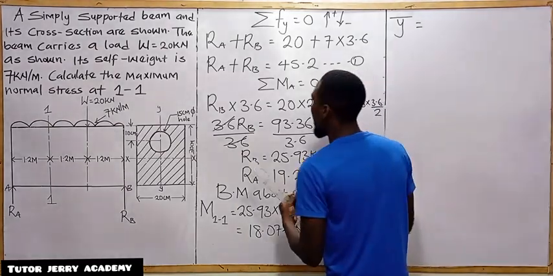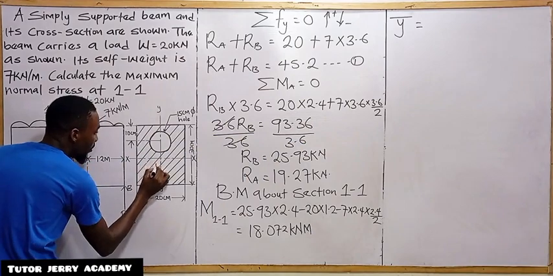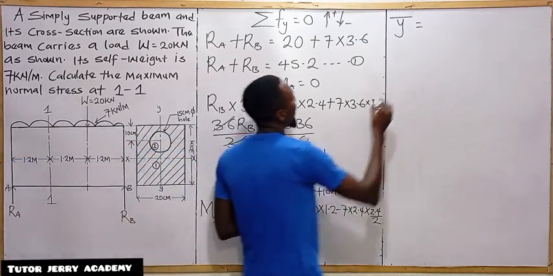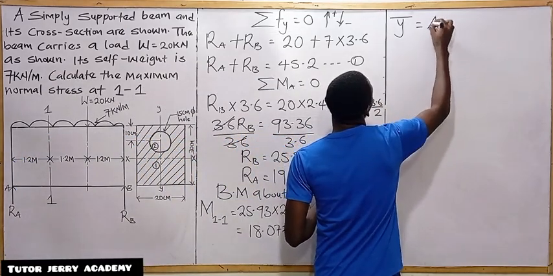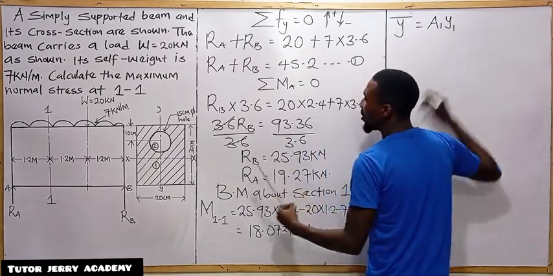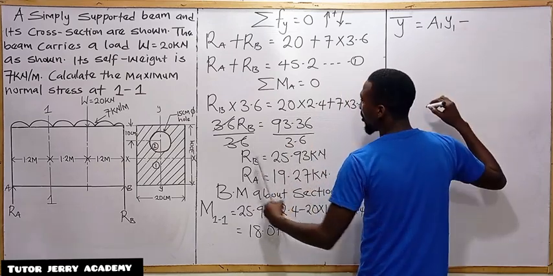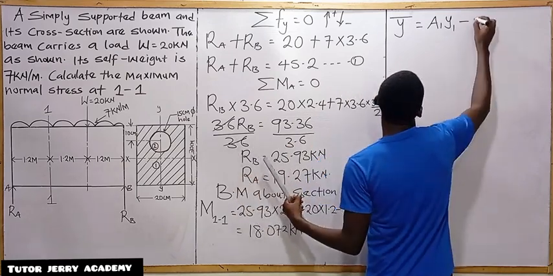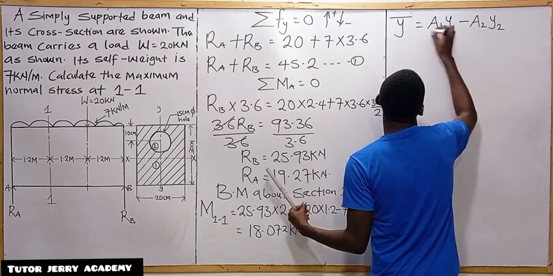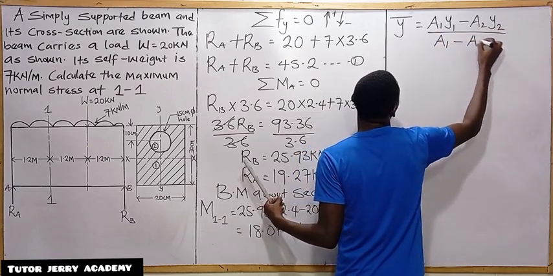The first object here is 1, and this one is circular, which is 2. So we are going to have A1 Y1, and instead of plus, because it is hollow, it's going to be minus, because of the cut part. So minus A2 Y2, then divided by A1 minus A2.